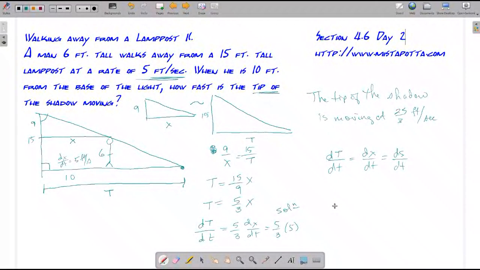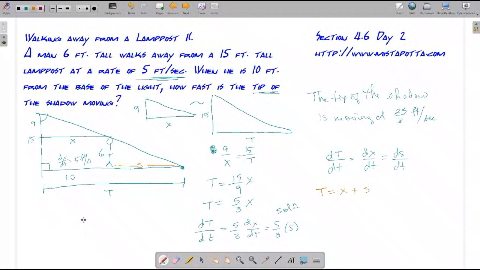So I could have used another relationship. I could have said that the tip of my shadow is really equal to the distance plus the length of the shadow. In other words, T is really equal to x plus s, this distance here, which we found in the previous problem.